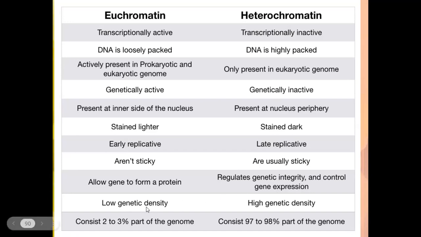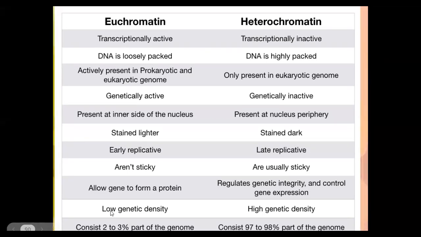There is low genetic density in euchromatin and high genetic density in heterochromatin. Genetic density means the compactness or arrangement of genetic materials. Compactly arranged genetic material is called high genetic density, meaning many genes present in one location. But in euchromatin, the genes are loosely arranged, so it has only low genetic density.